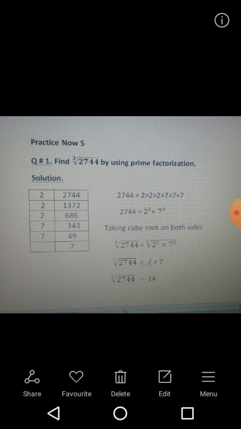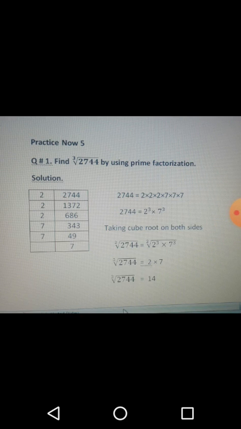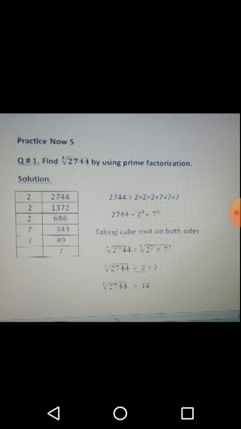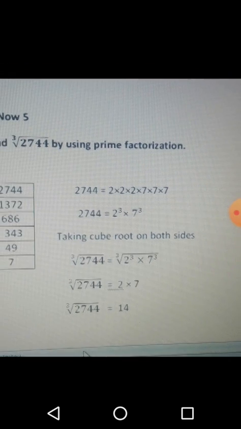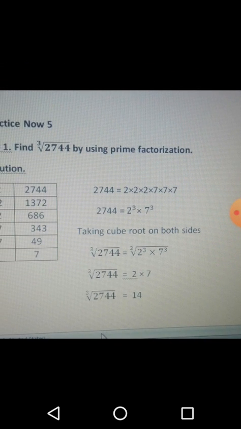First we will find the prime factors of this number, and then we can write the prime factors of this number in index notation. In index notation, the prime factors of 2744 are 2 raised to power 3 and 7 raised to power 3.